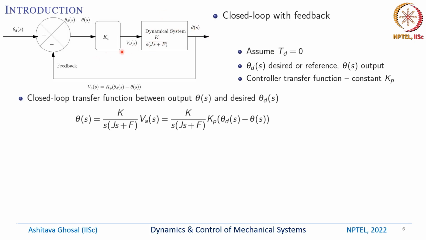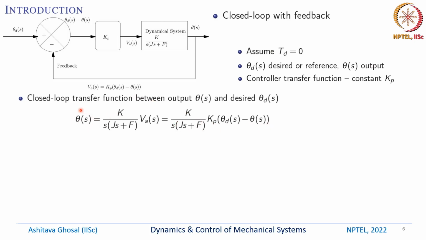So theta divided by V is the transfer function, or theta is this transfer function into voltage. And then we can substitute voltage is nothing but Kp into (theta d minus theta). So we will have K divided by S into (Js plus F) into Kp into (theta d minus theta).